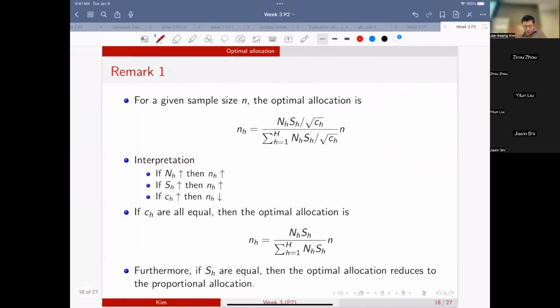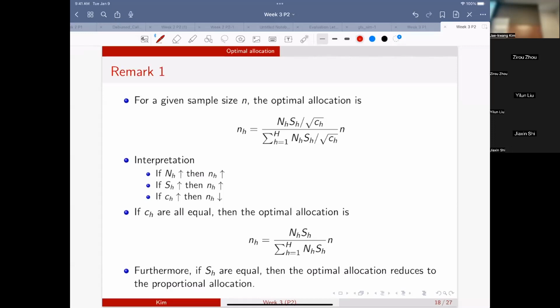And let's try to interpret what it means. If NH is large, then we should increase the sample size, right? If a particular stratum has many elements, then it makes sense to give more sample size to that stratum.